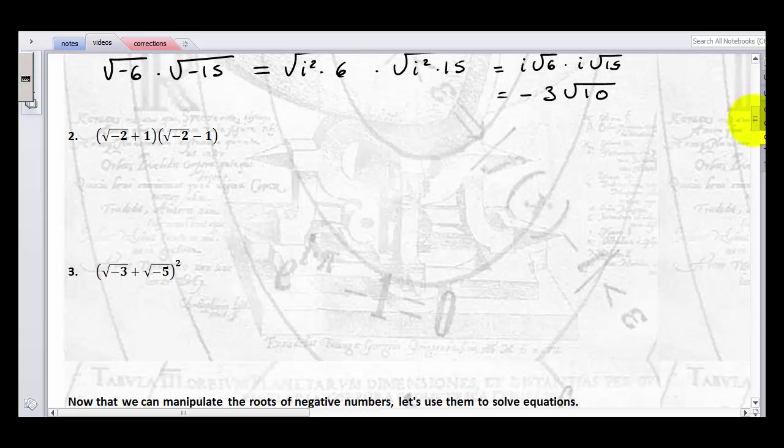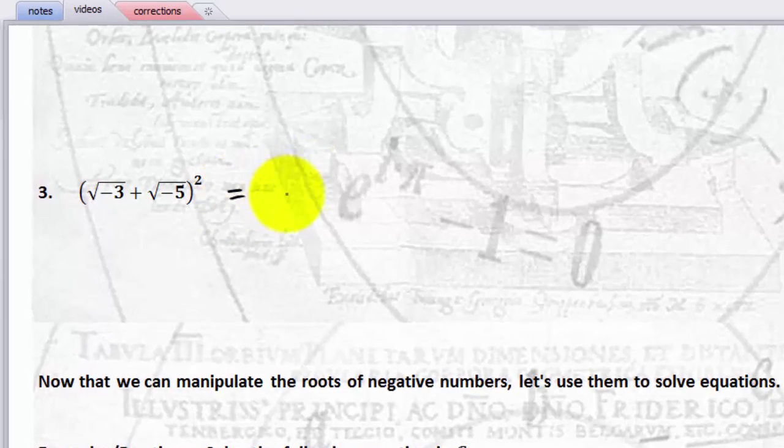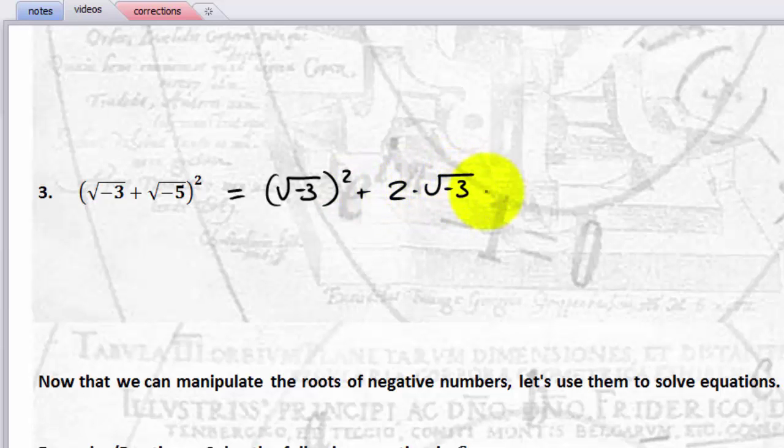I'm going to let you do number 2, I'm going to do number 3. So, let's apply the property about the square of a sum. So this is the square of root of negative 3, plus 2 times root of negative 3 times root of negative 5, plus the square of root of negative 5.